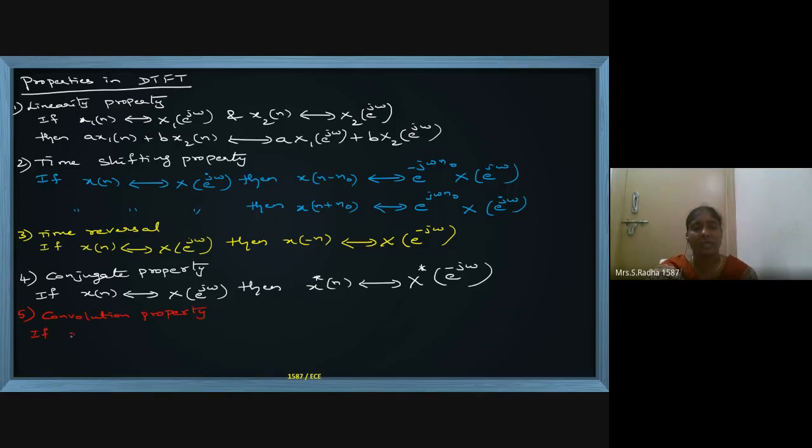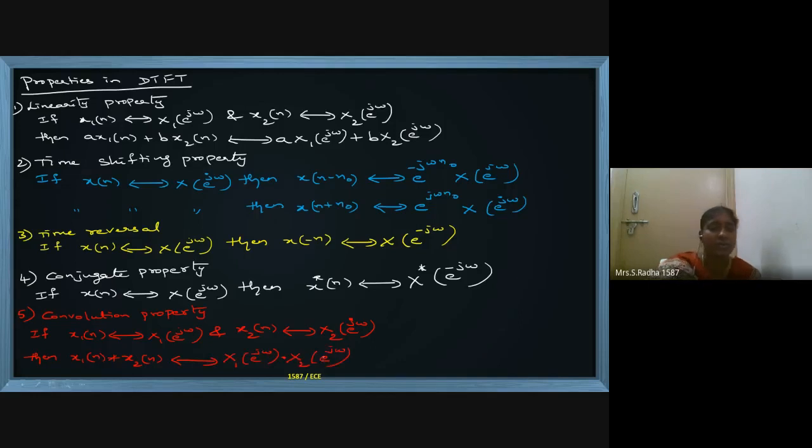If x1 of n has DTFT x1 of e power j omega, and x2 of n has DTFT x2 of e power j omega, then convolution in the time domain becomes just multiplication in the frequency domain. In any transform, this holds good. All these are properties of DTFT.